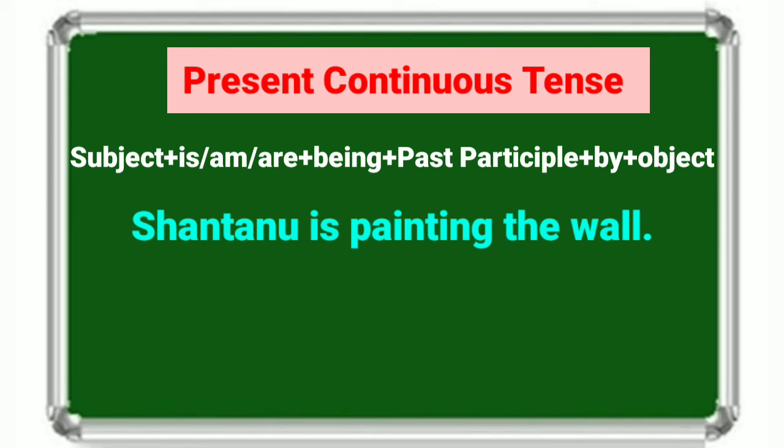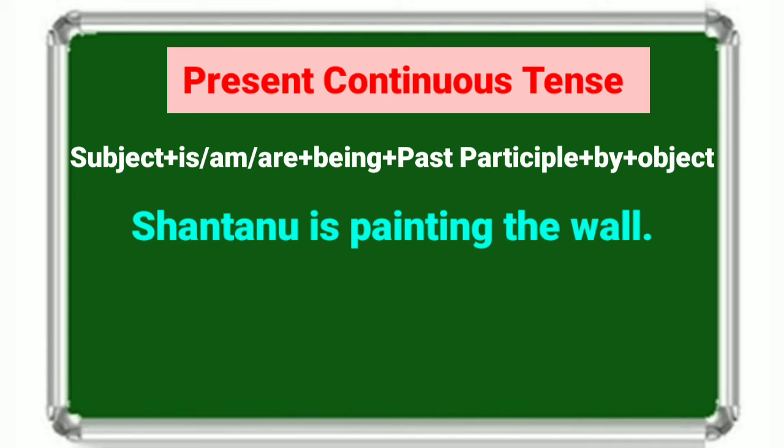Here the object of sentence, the wall, will be taken as the subject in passive voice. As the subject is singular number, therefore we use auxiliary verb is. Then write being. After that, past participle form of the main verb paint is painted.